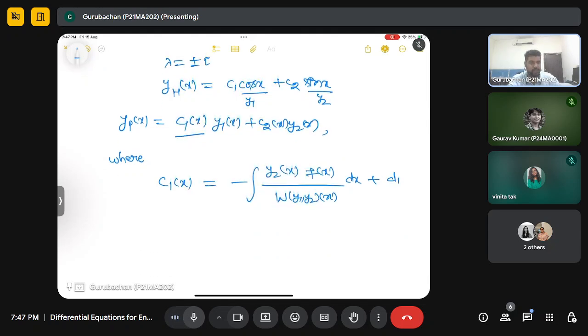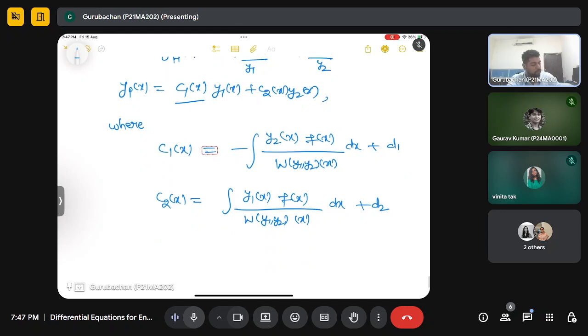We are going to take this d1 to be 0, since we are interested in the particular solution. And c2(x) will be the integral of y1(x) f(x) divided by the Wronskian of y1, y2 at x, plus some arbitrary constant. Here f(x) means the function present at the RHS.